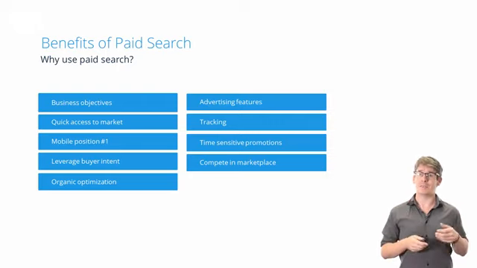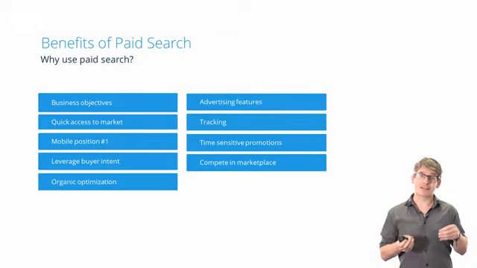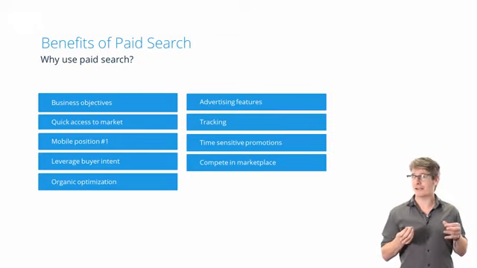Now, search marketing is paid search and organic search. Again, we have mentioned that sometimes there are gaps in organic search which paid search can fill, and that's our organic optimization. But I've also mentioned things like site links and other features that differentiate paid search from organic search.